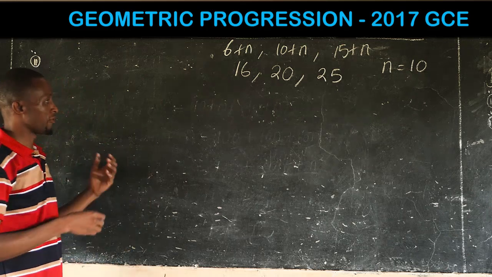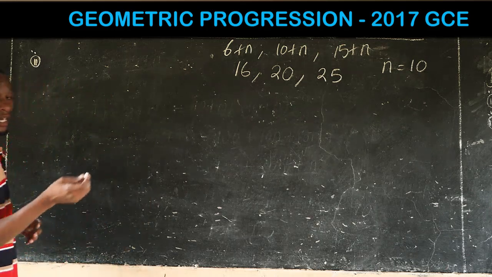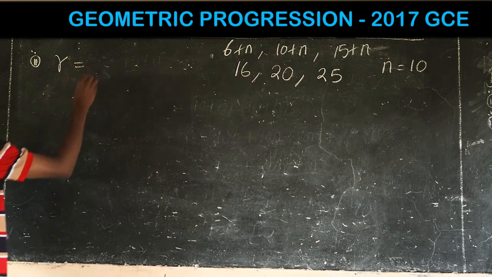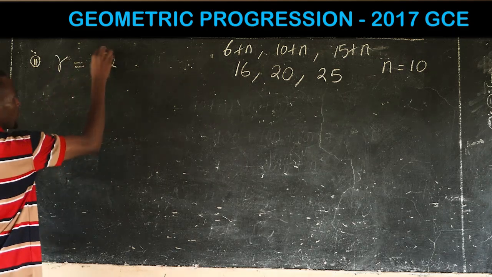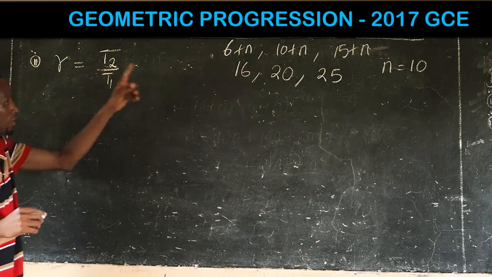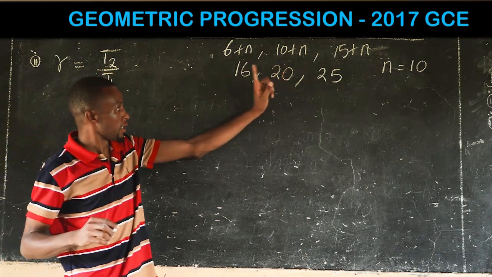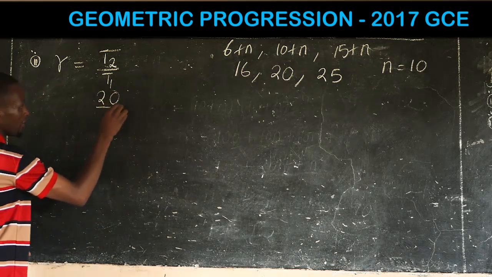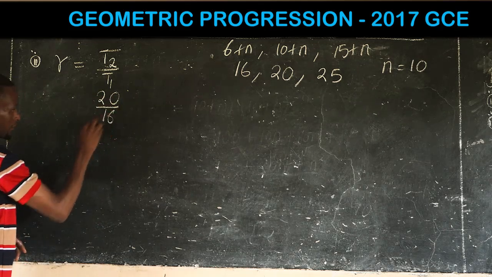Now we can go ahead and find the common ratio, which is carrying 2 marks, by the way. So common ratio is equal to T2 divided by T1. Okay, so T2 is what? 20. T1 is 16. So you write 20 divided by 16.